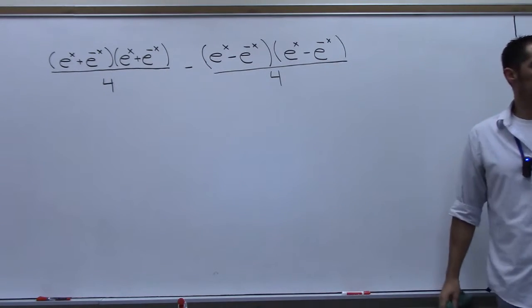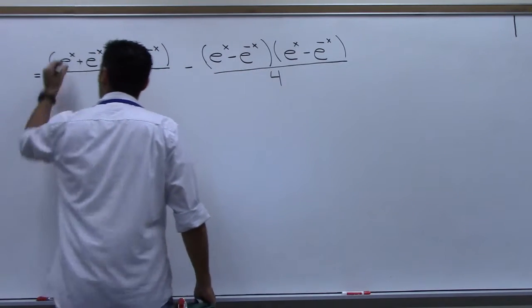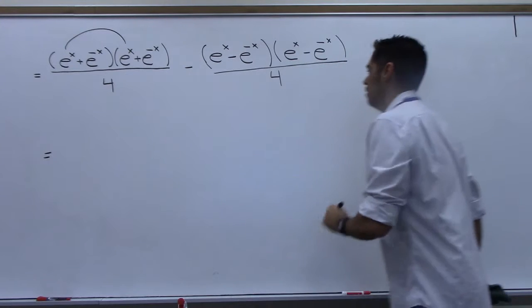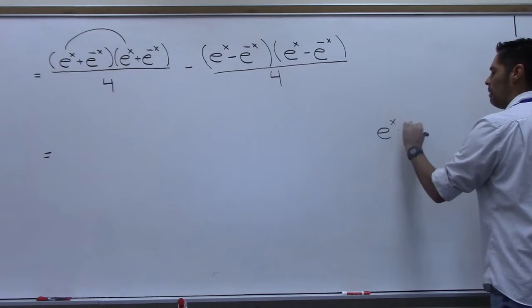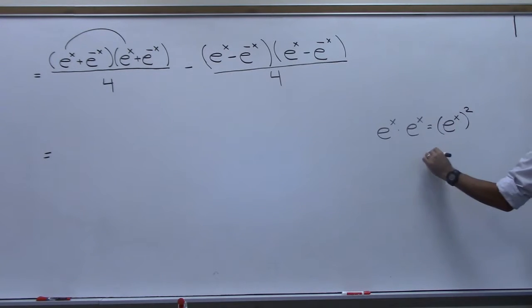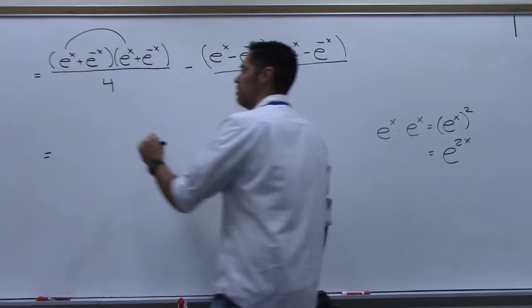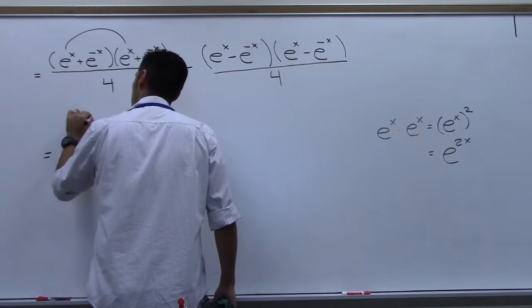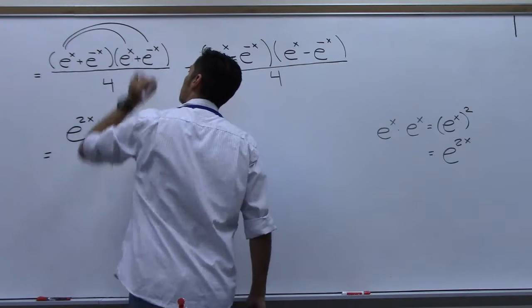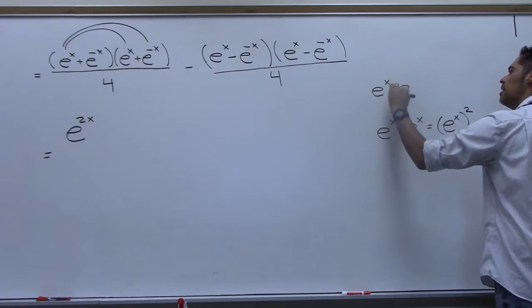And now expand this expression out. So what is e to the x times e to the x? It's e to the x squared, which is the same as e to the 2x, right? You multiply the powers. So that first multiplication gives you e to the 2x. How about this one times this one? What's e to the x times e to the negative x?